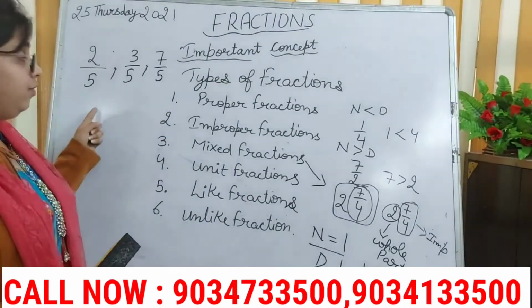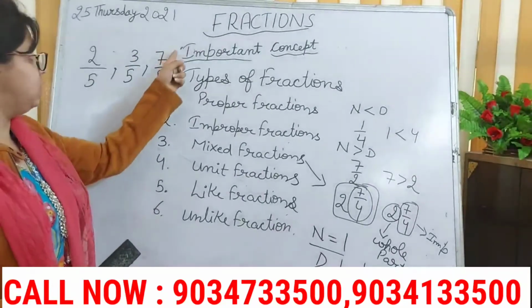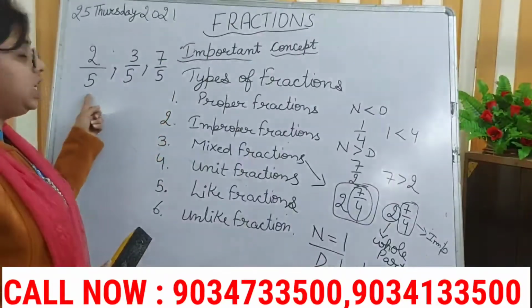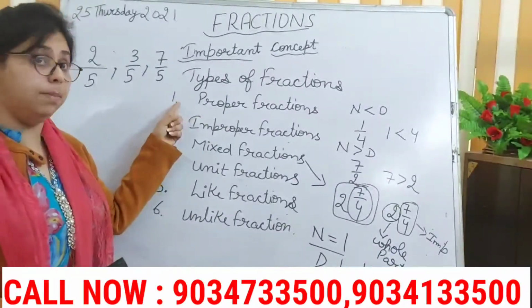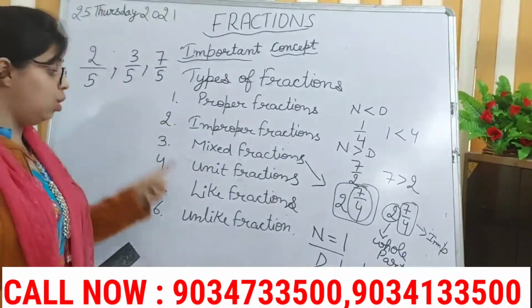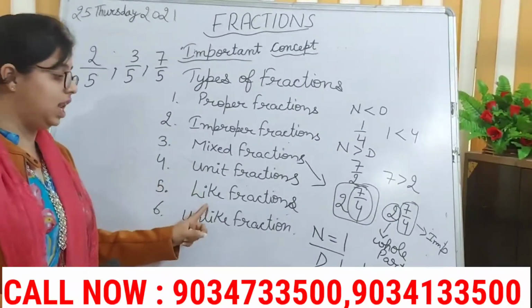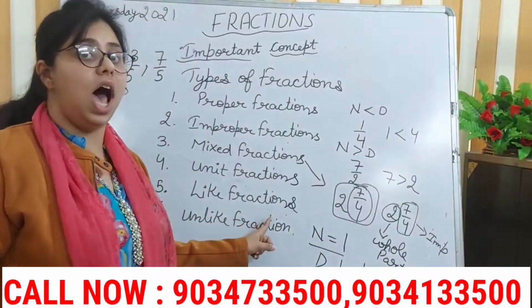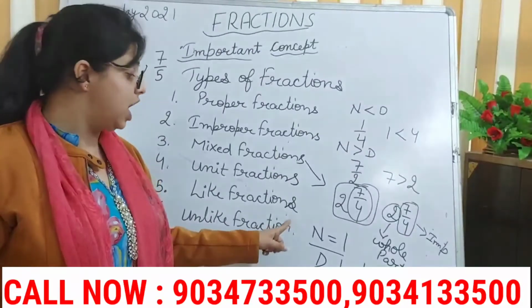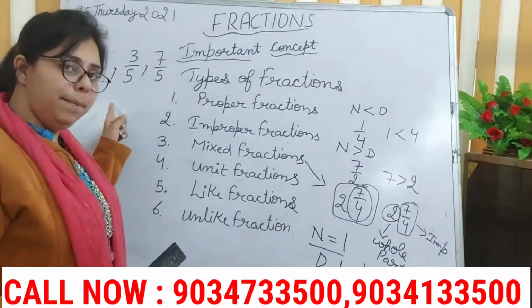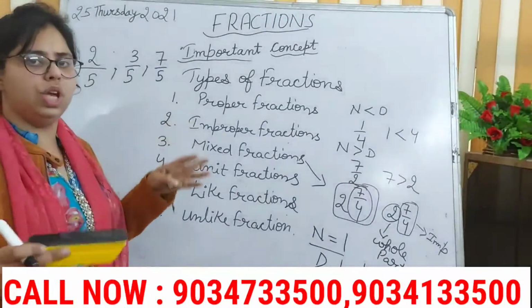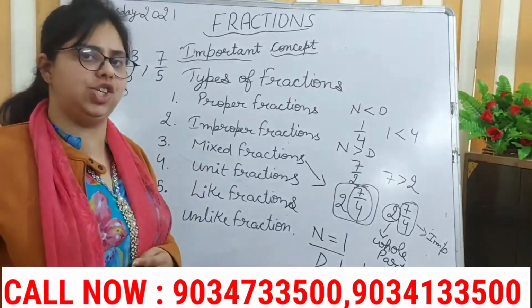In all these fractions the denominator is the same, 5. So clearly like fractions are those fractions in which the denominators are the same, and we compare these between 2, 3, 4 or many more fractions.